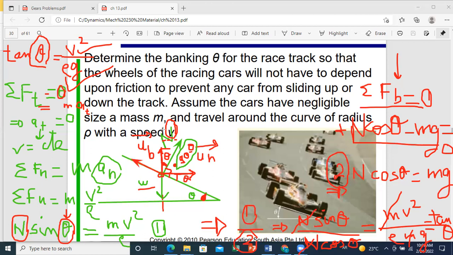But because they told you there is no friction to prevent any car from sliding, you don't have friction along this direction. And because you are designing on a constant speed, you used this to say that you also don't have friction along UT.